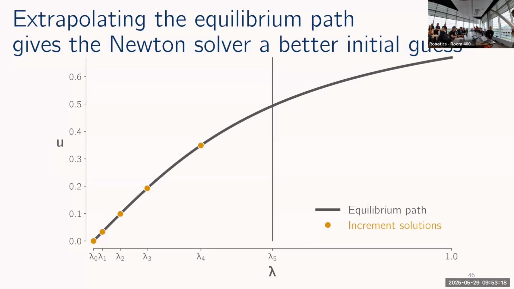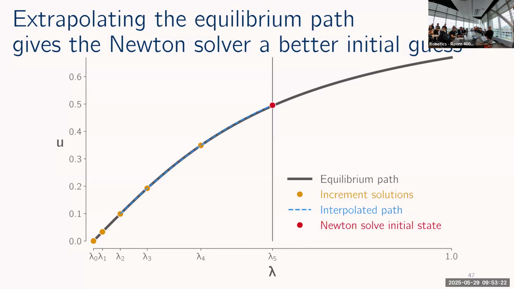And then I use Lagrange interpolation, which is equivalent to fitting a polynomial through the points. And then I just evaluate that polynomial at the next load factor that I'm solving for. And that gives me this prediction of the next point on the equilibrium path. Does that answer the question?